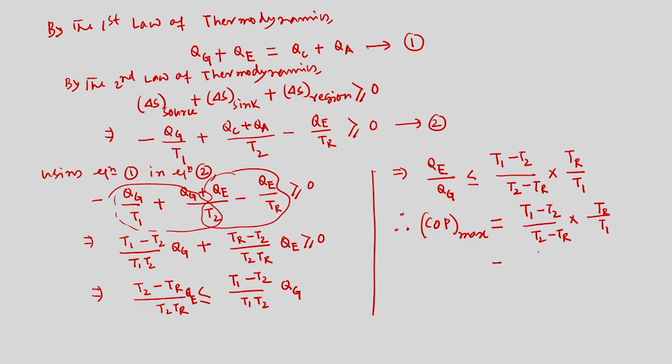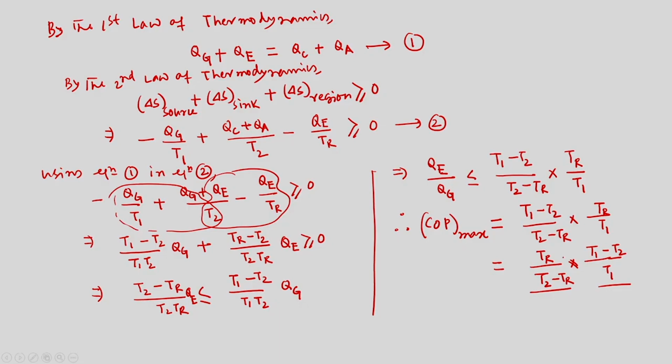So, again we can simplify it as Tr divided by (T2 minus Tr) multiplied by (T1 minus T2) divided by T1. Okay. So, what is this now?